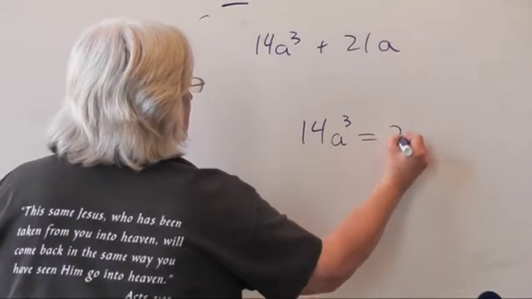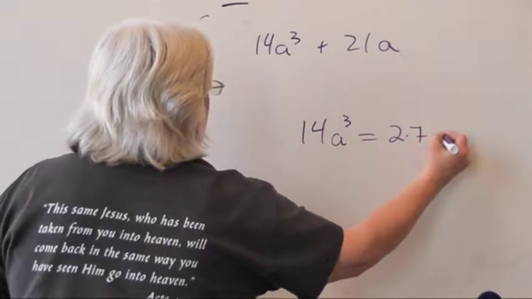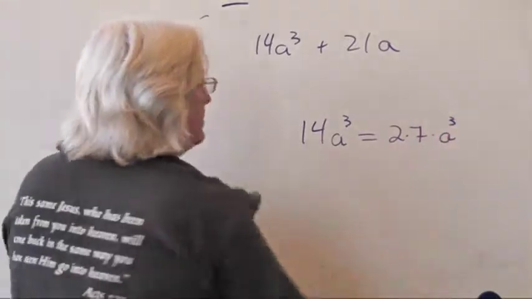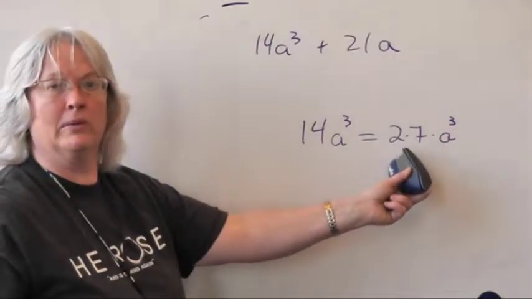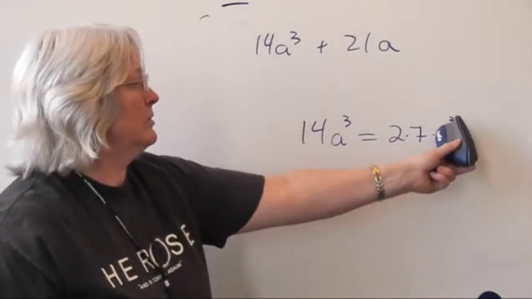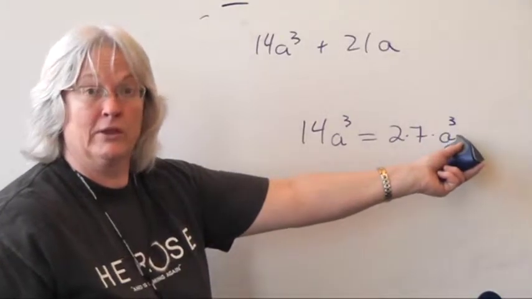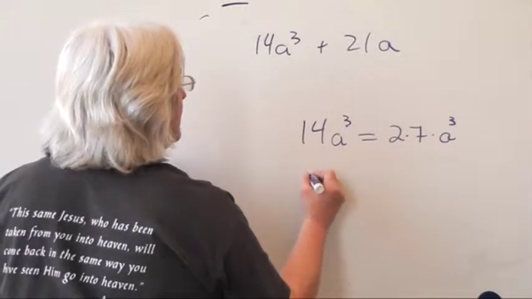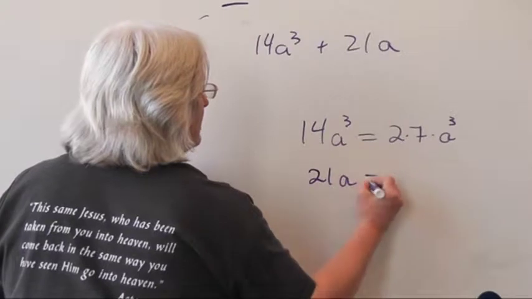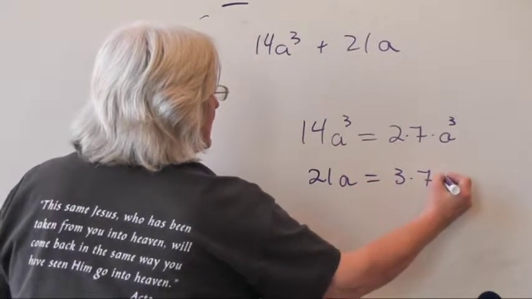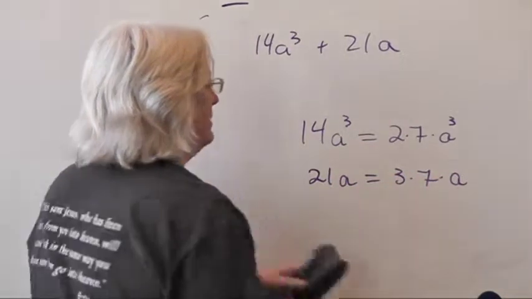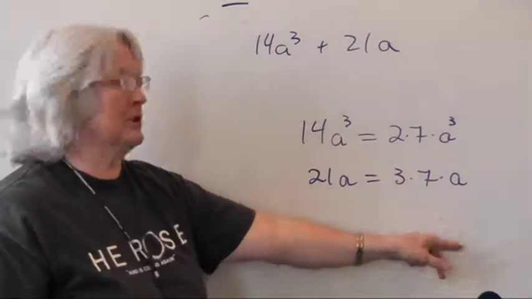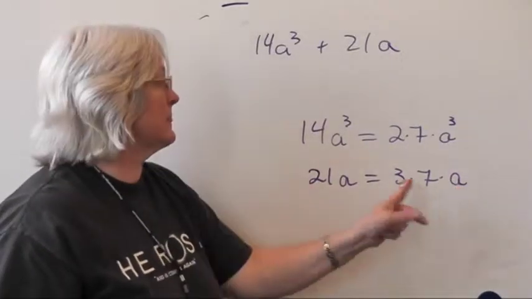14a cubed, 2 times 7 times a cubed. Prime number, variable written with an exponent. 21a, 3 times 7 times a. Prime number, variable.